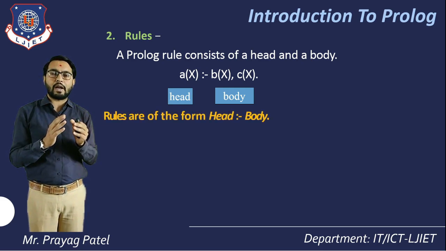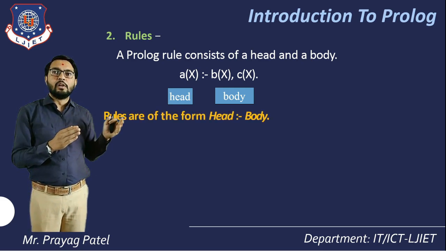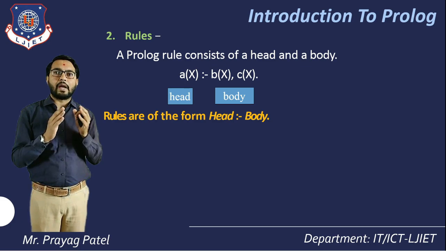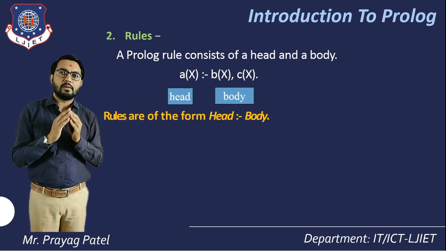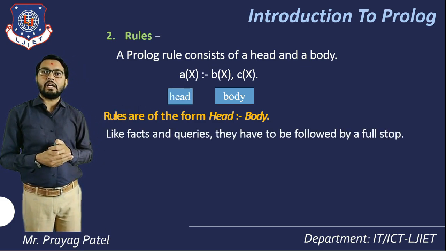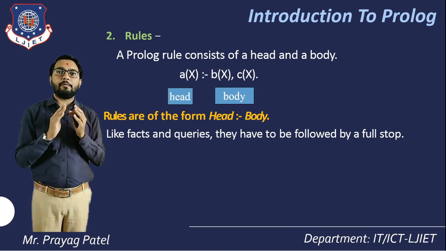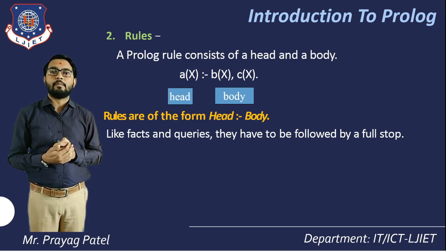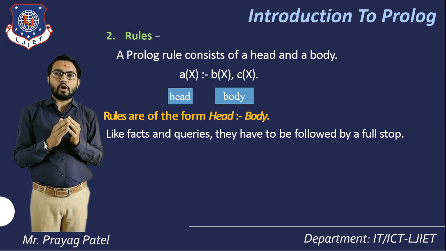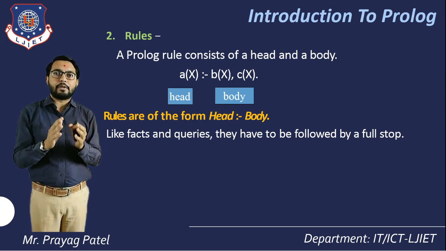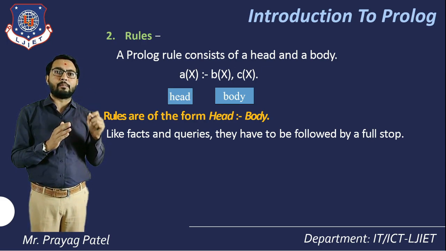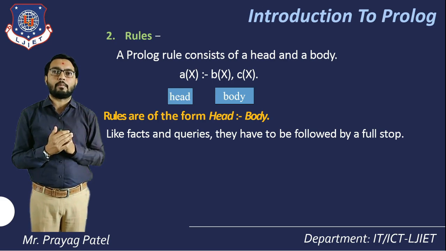So the format for writing rules is, rules are of the form head, then colon dash, body. So like facts and queries, they have to be followed by a full stop. In fact we already told that after the completion of a fact we compulsorily put the full stop.